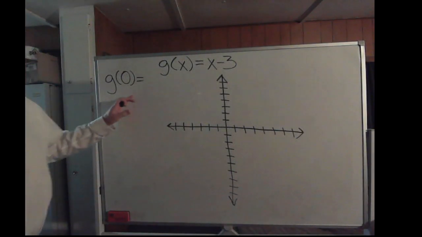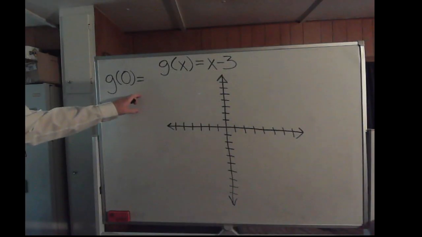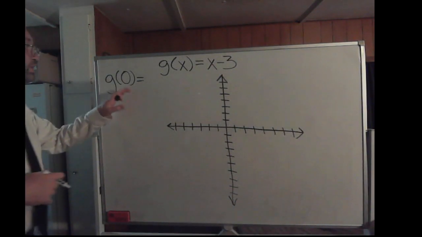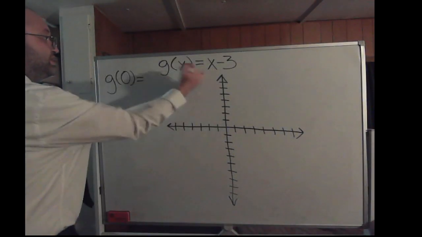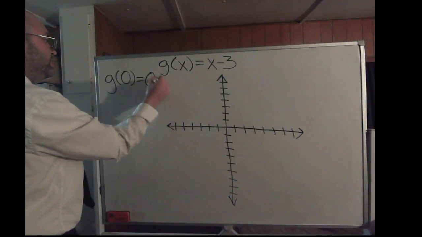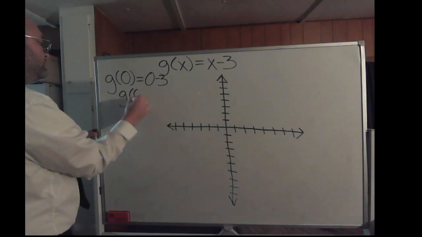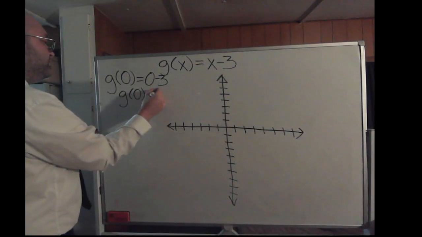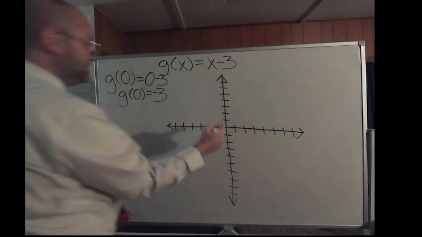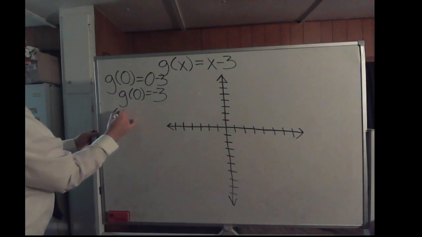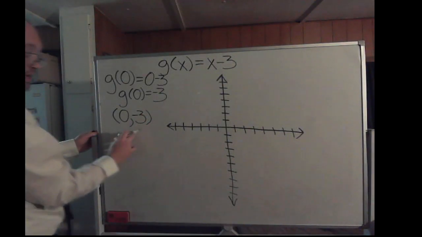That'll give you your y-intercept. When you have g of 0, now you insert 0 in for x, you'll have 0 minus 3. Well, g of 0 equals negative 3. So when x is 0, y is negative 3, so you get the coordinate 0, negative 3.